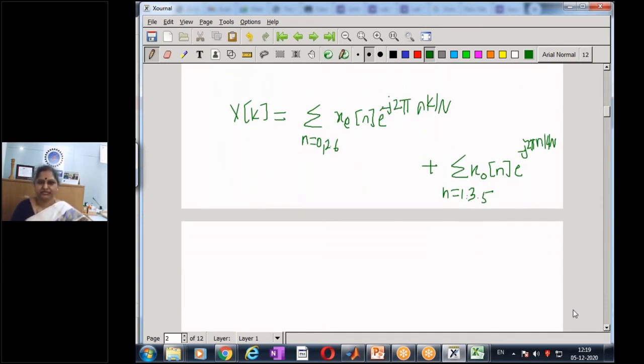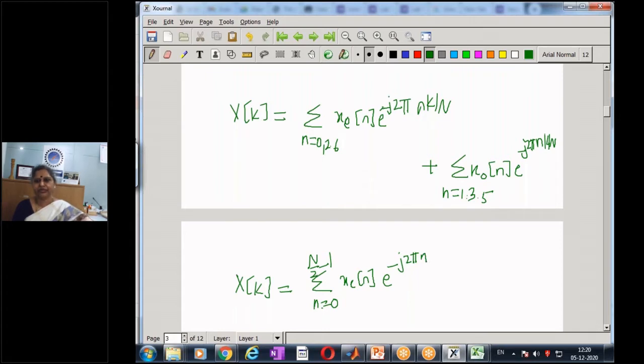So now, instead of running it as even terms, let me make this change. I have my X of k, and I will now run n going from 0 to N by 2 minus 1. So I'm running only for half the length, and this is my x even of n, where I am taking the sums x0, x2, x4, etc. And I will now have e to the power of minus j 2 pi.